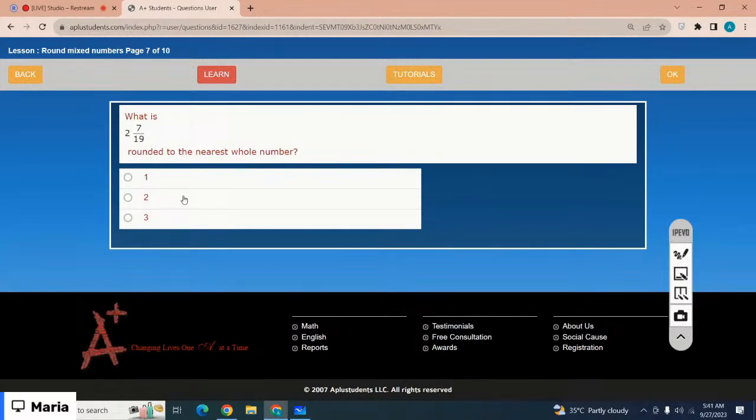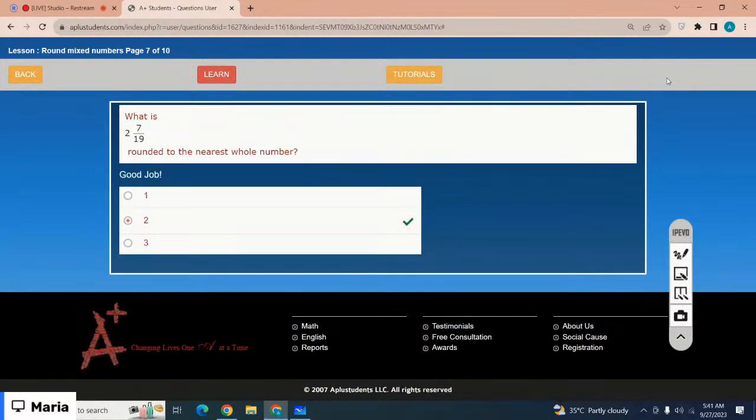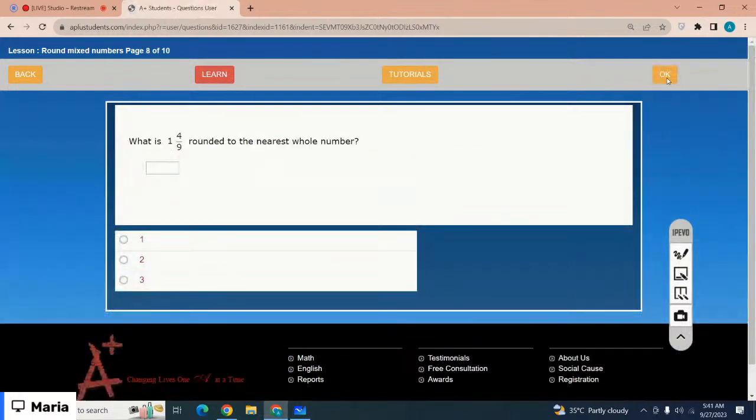So it would be rounded off to the same whole number, that is 2. 1 whole 4 over 9. And 4 over 9 is less than 1 by 2. That means it is rounded off to 1.